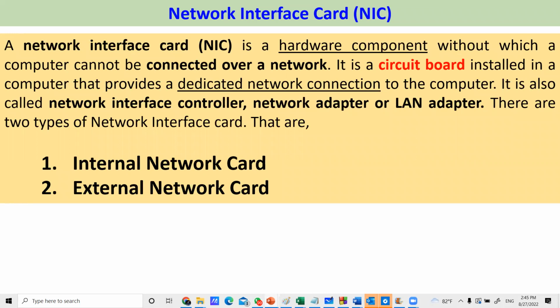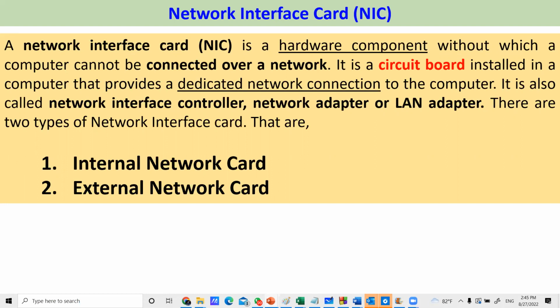All of these devices are located outside the computer, outside the system unit. But the network interface card is located inside the system unit.